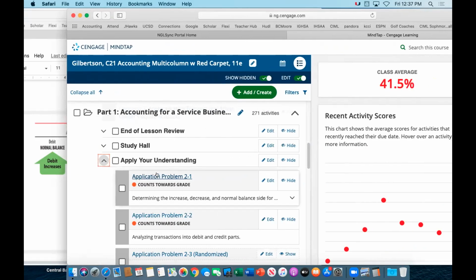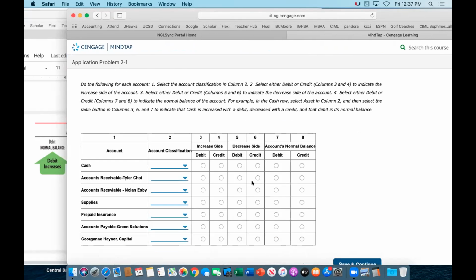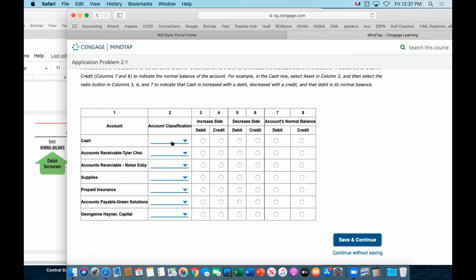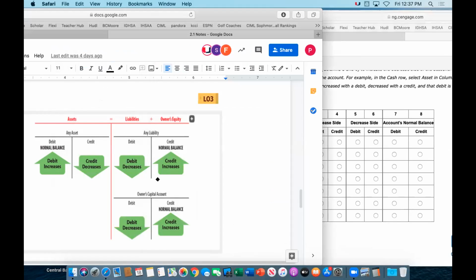Okay. So if I was doing this 2.1 app with you, all you're going to do is tell them if this is an asset, liability, or owner's equity, and what side it increases on. So you got it right here. All assets increase with the debit, all liabilities increase with the credit, all the capital increases with the credit.